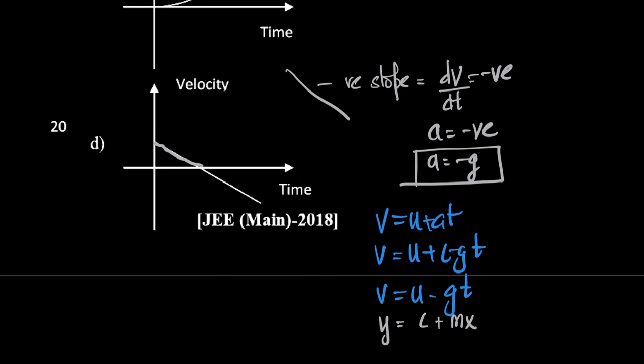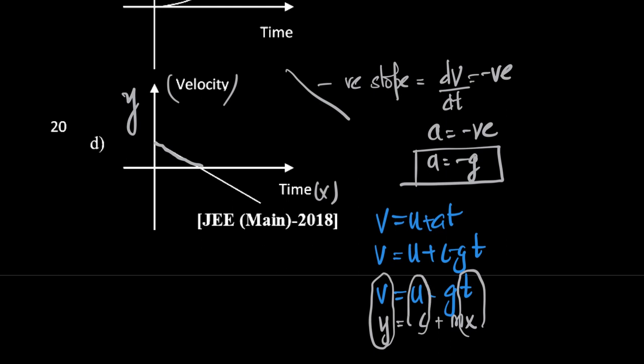So x is time here, y is velocity here. In which case, what is c? C is the initial velocity, which is the intercept. So this much distance is the initial velocity. Yes, it is u. And what is the slope? The slope is minus g. It resonates with the given graph, and therefore option D is also correct.